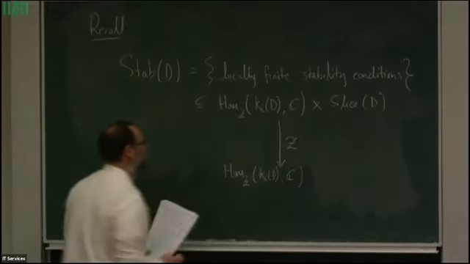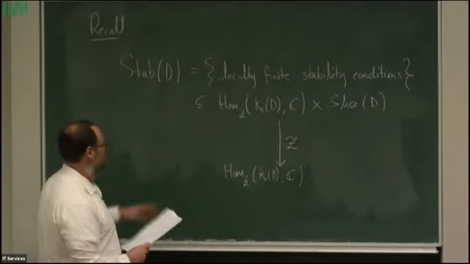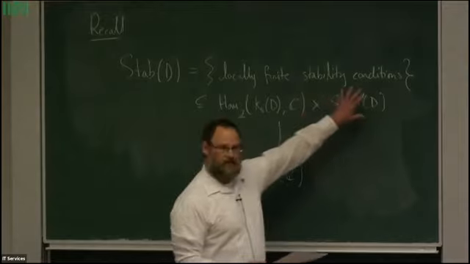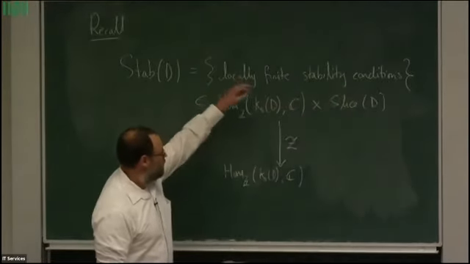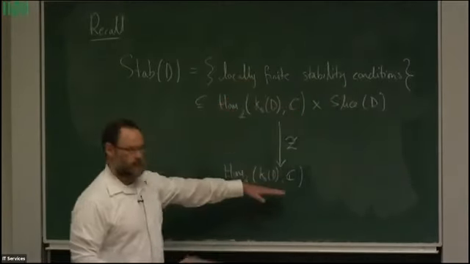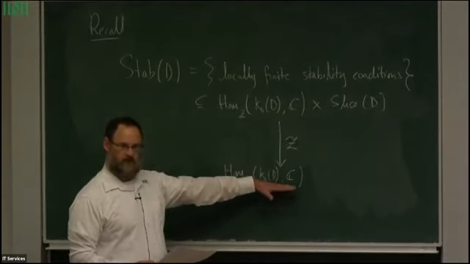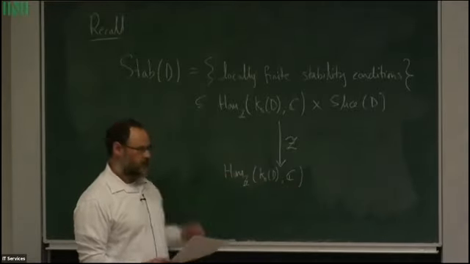Remember, a stability condition is a stability function together with a slicing. The map which takes this pair down to the stability function, the central charge, is a local homeomorphism.